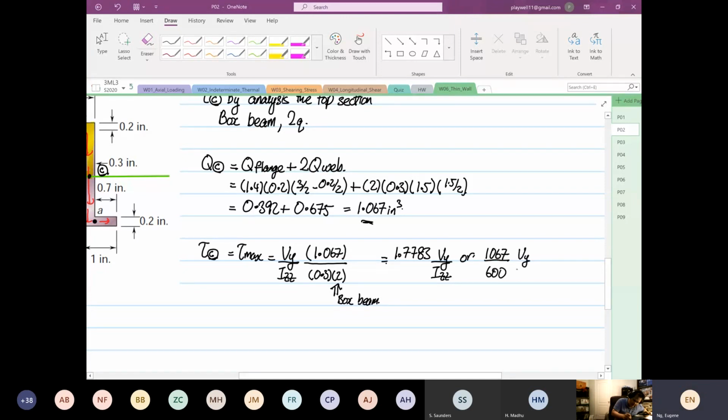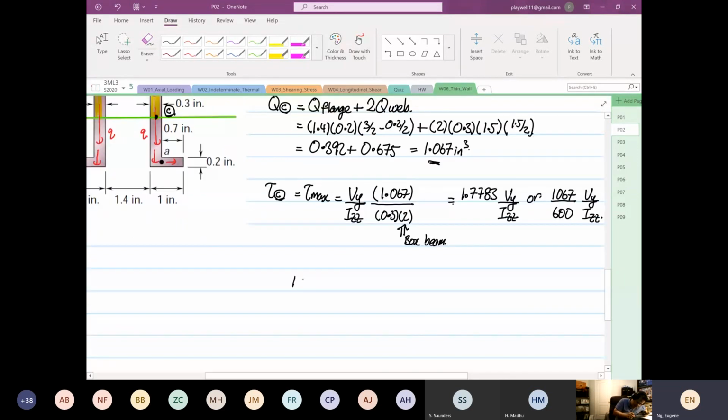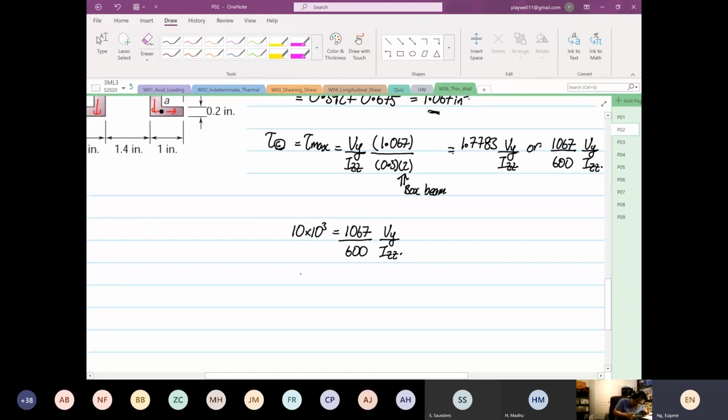Vy over Izz. So you know that tau max is equal to 10 times 10 to the power 3. So this will be equal to 1067 over 600, so it's your Vy over Izz. So your Vy over Izz will be equal to 10 to the power 3 times 600 divided by 1067.